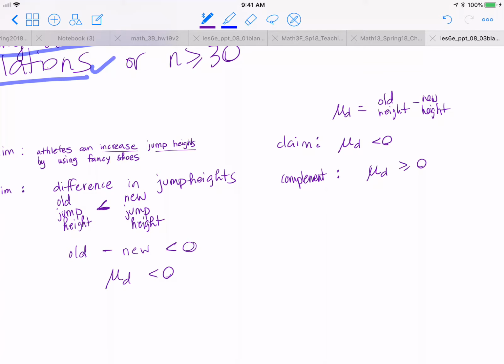And then the last thing we've got to do is figure out which one is the null and which one is the alternative. The null is going to be anything with the equal sign, right? Greater than or equal to, or less than or equal to. And then the HA is going to be mu sub d less than 0.